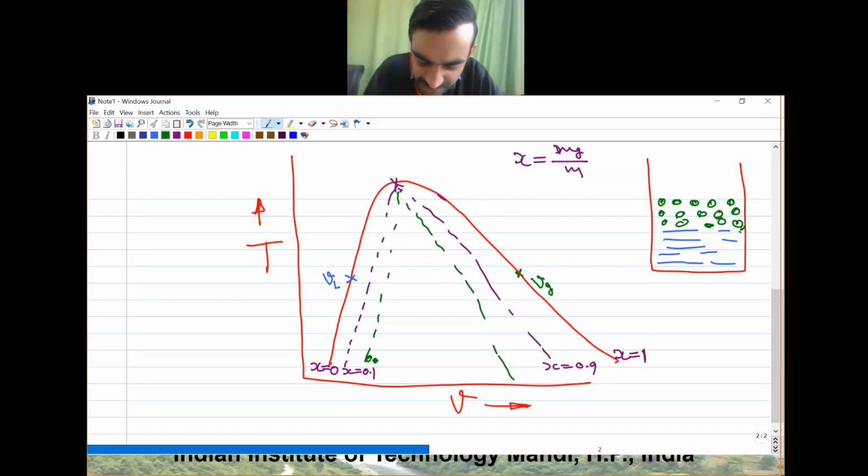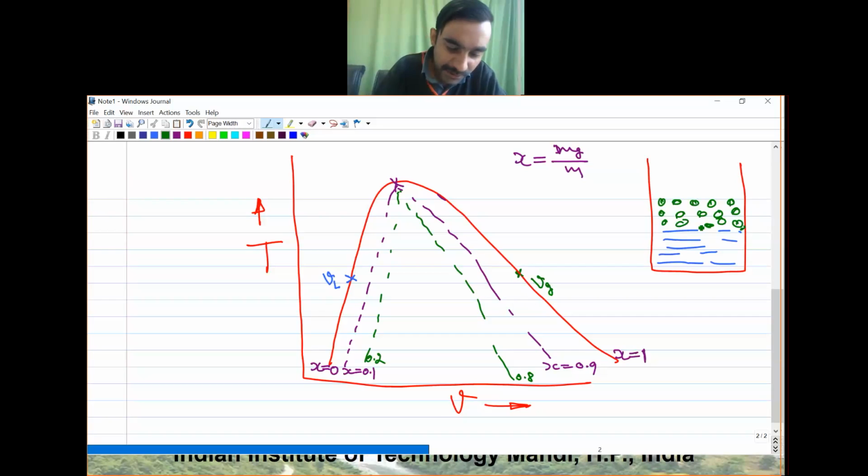Let me consider these as 0.2 and 0.8. If you plot multiple phase fraction lines, you can plot them over here. Now, the liquid we have over here has specific volume corresponding to VL, and the gaseous phase has specific volume corresponding to VG.